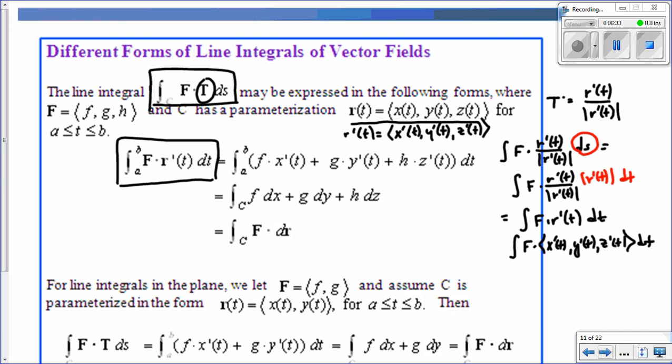Or we could go ahead and write f as the vector f, g, h, where each of the components is little f, little g, and little h. There's a lot of different representations for this same exact vector integral.